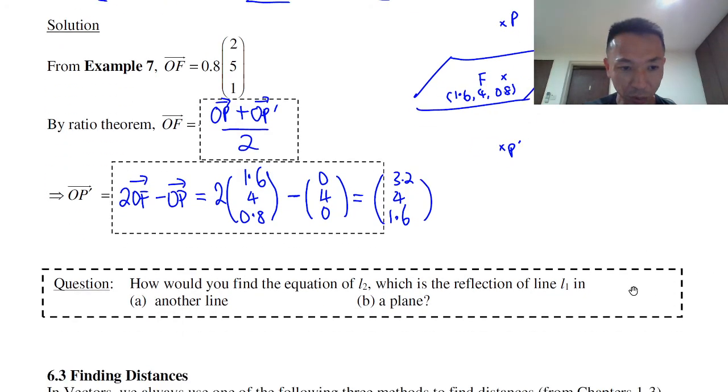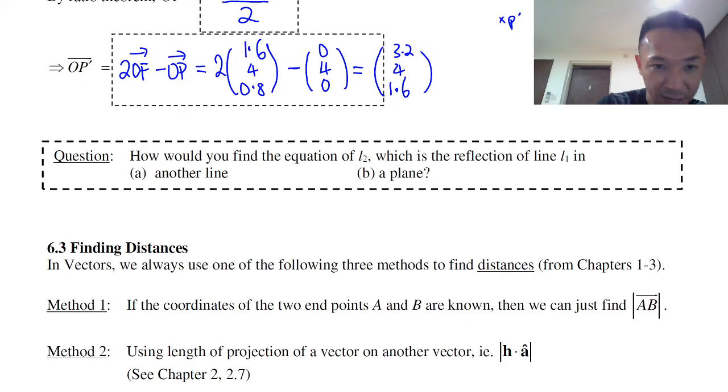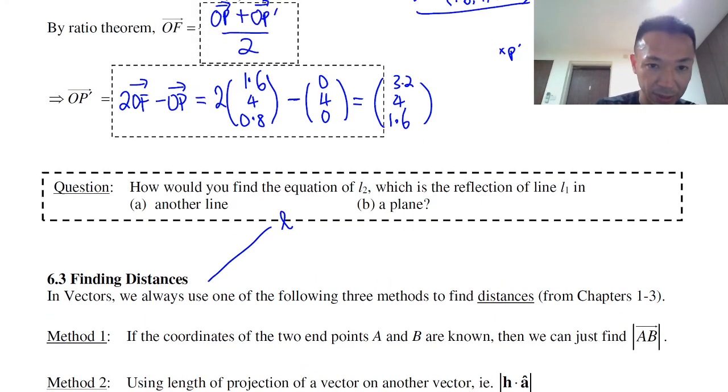Just a few additional questions. How would you find the equation of L2, which is the reflection of the line L1 in another line? What I'm trying to say is this. Think. Let's say this is L, I call this L. I want to find the reflection.